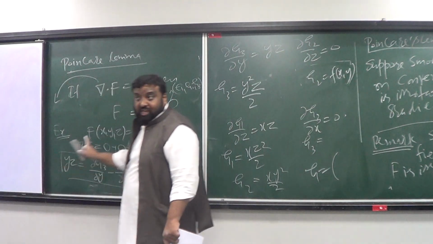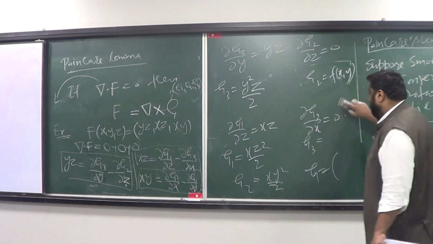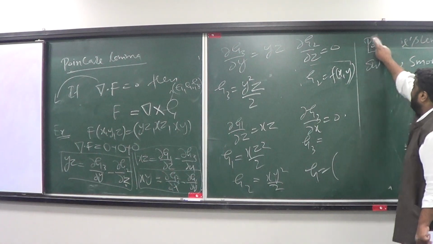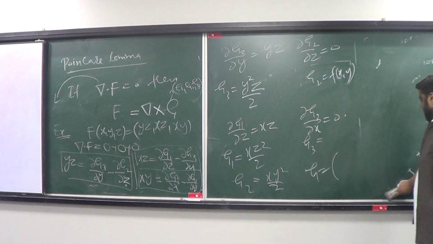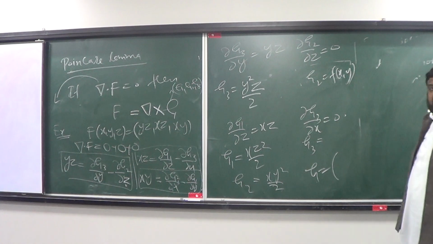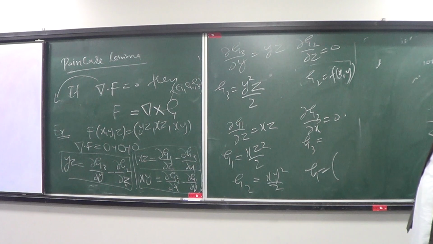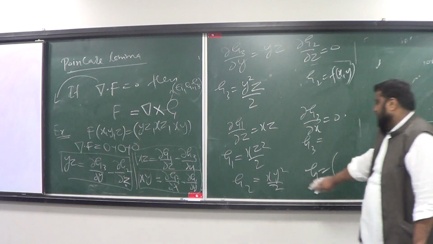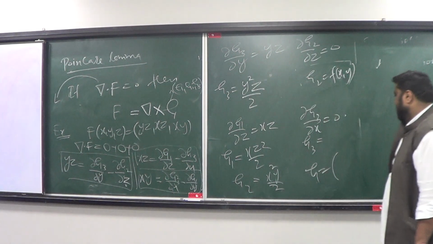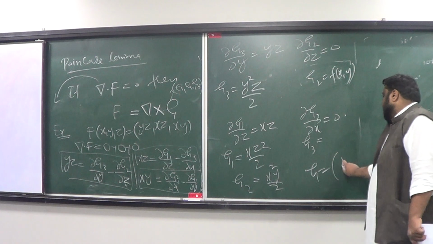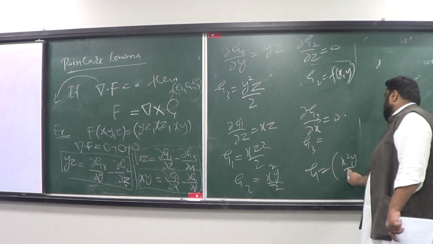Because we have ignored a lot of constants actually, the functions that were depending on different things. So, right. So in G2 we are differentiating with respect to x. So we need to integrate with respect to x. So this is gonna be x square times y over 2, I think. अच्छा ठीक है, x square y over 2, ठीक है. So then my g is x square y over 2.